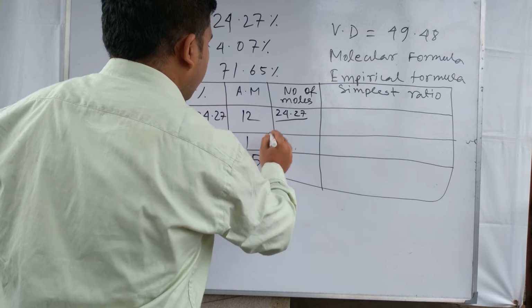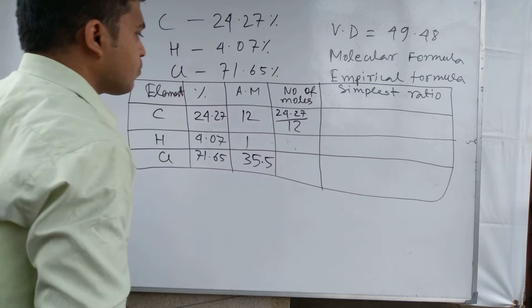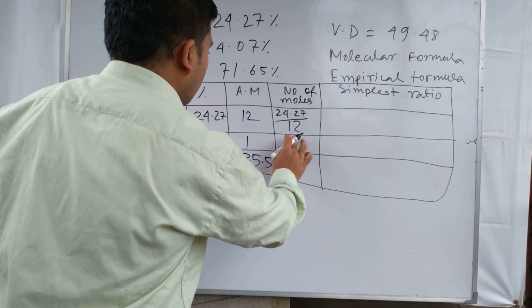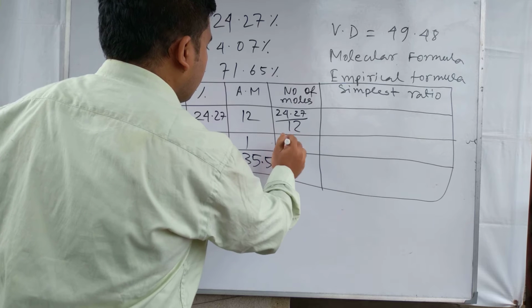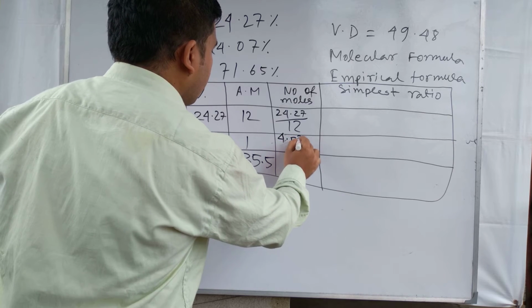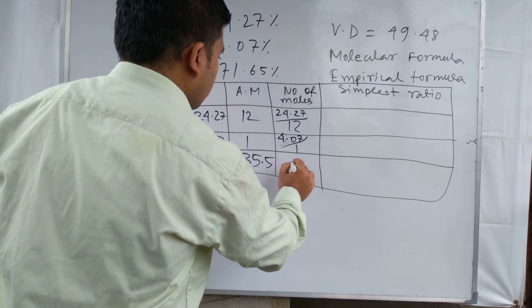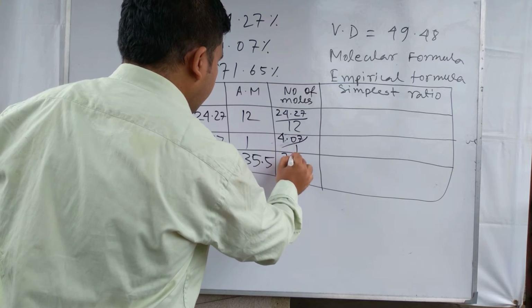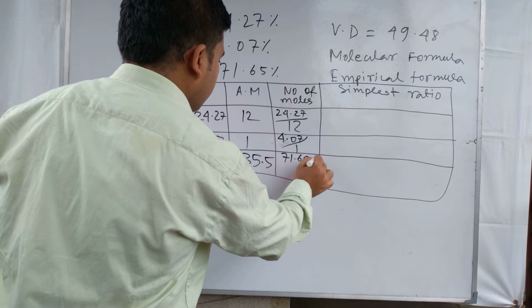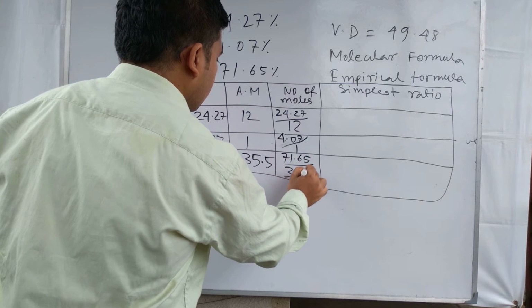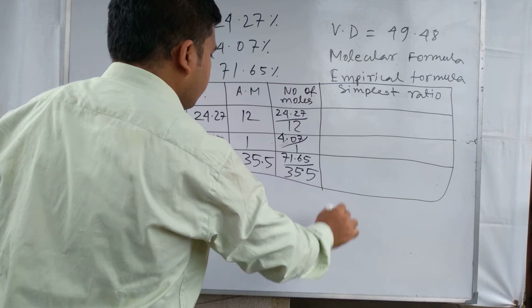The number of moles means 24.27 divided by 12, 4.07 divided by 1, and 71.65 divided by 35.5.